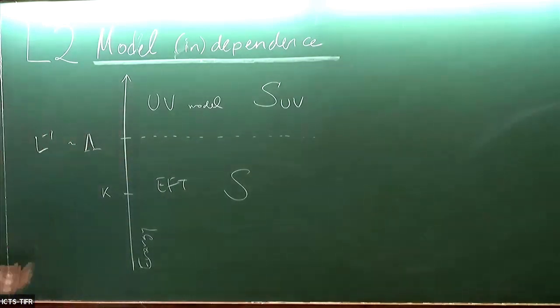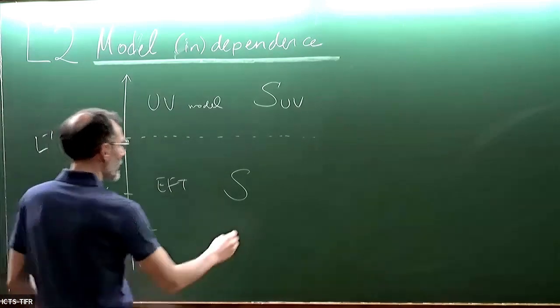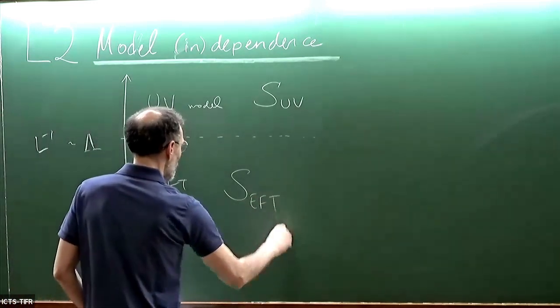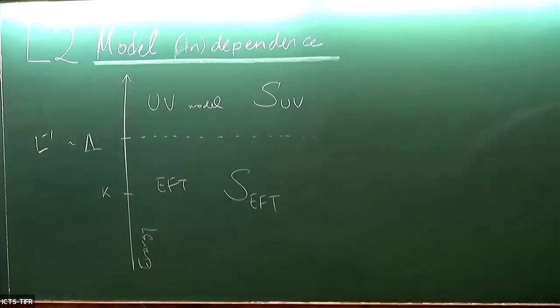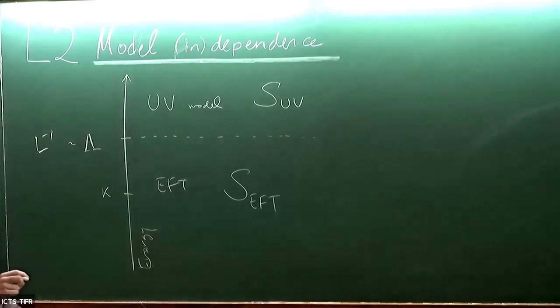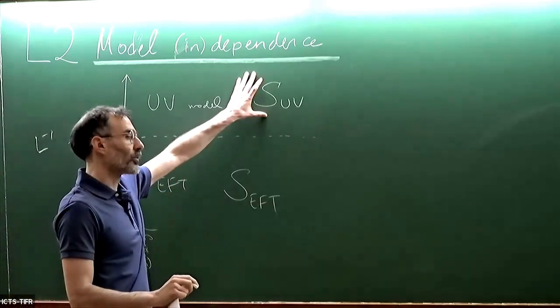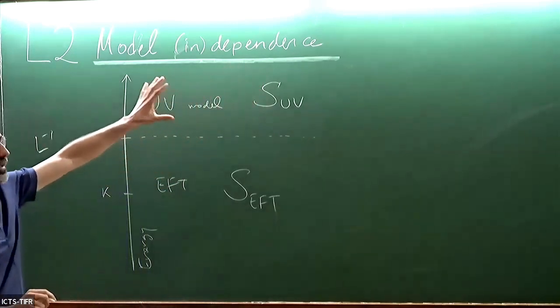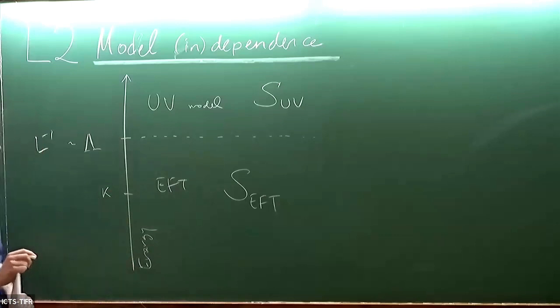And it has its own action that we'll call S_EFT. So today we'll work in this line, matching the two theories and obtaining from an ultraviolet model or an ultraviolet action the effective field theory action that follows for a number of models.